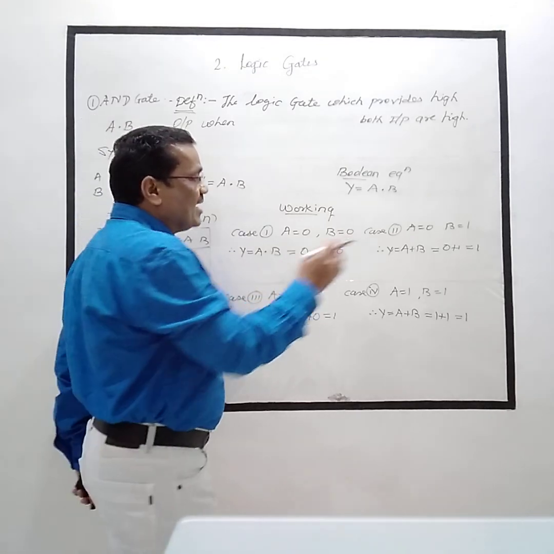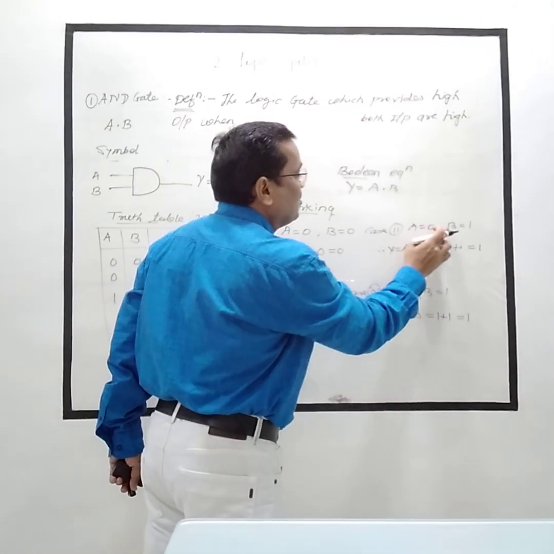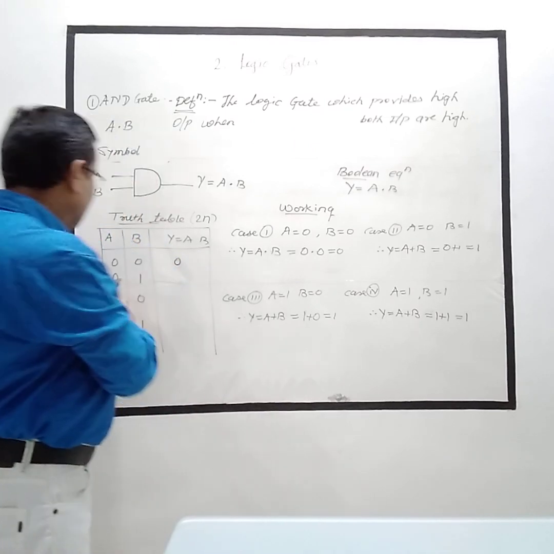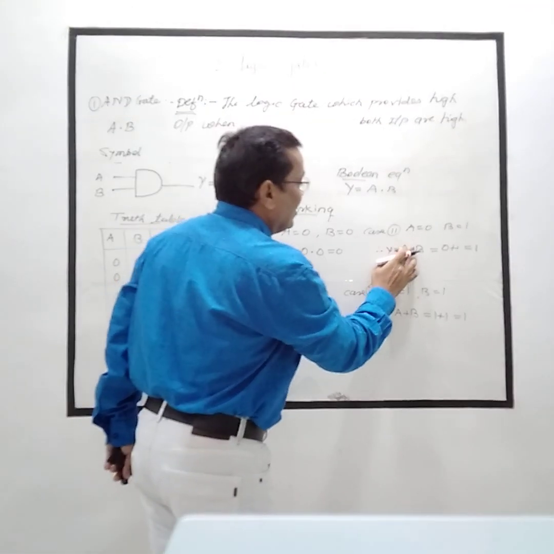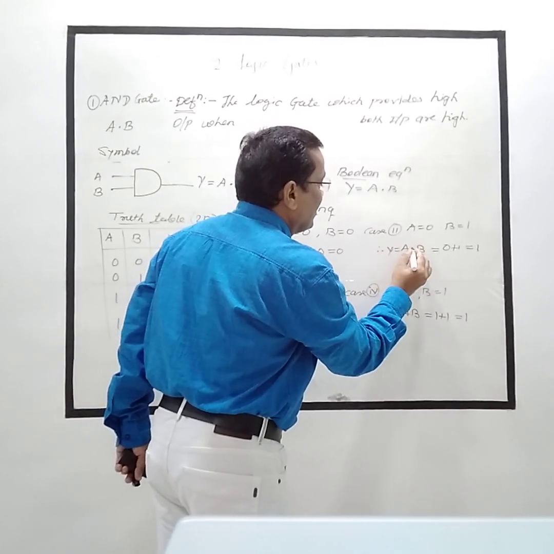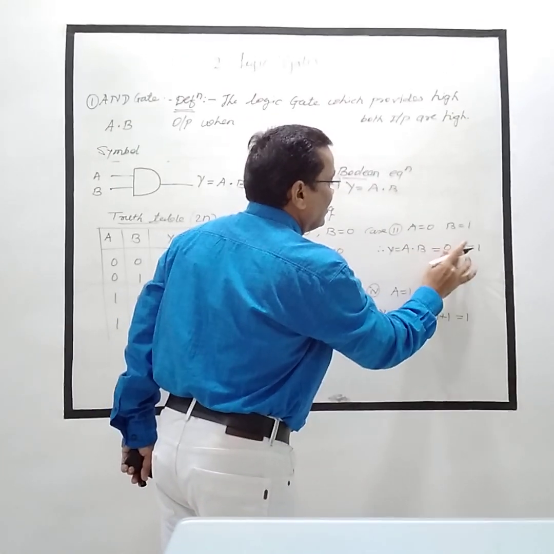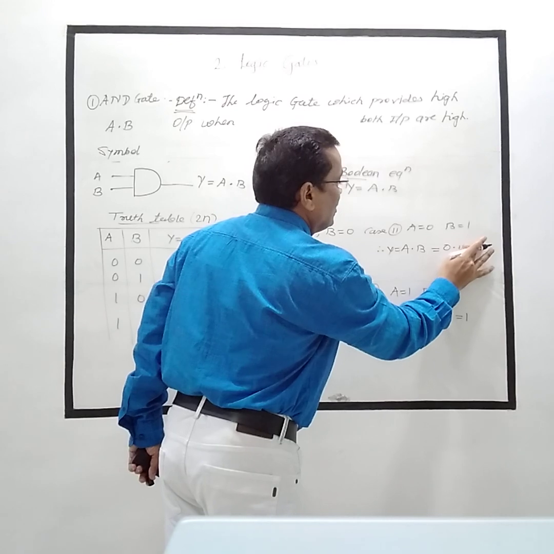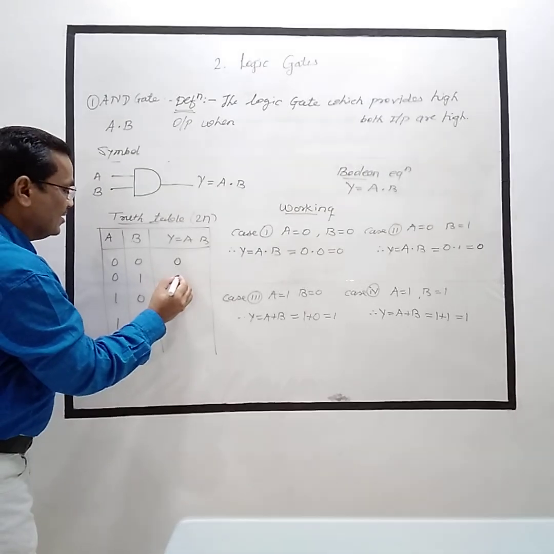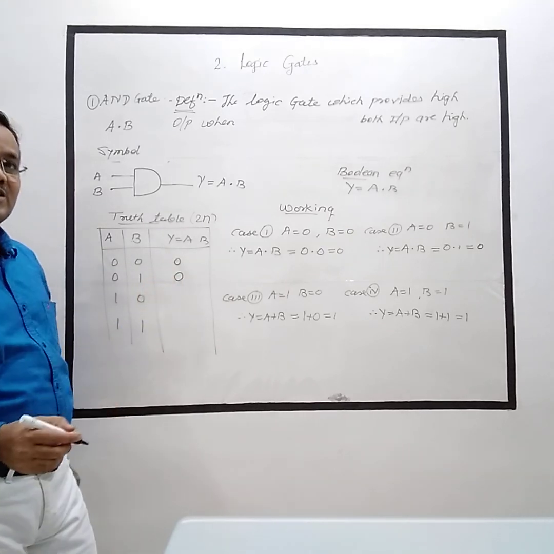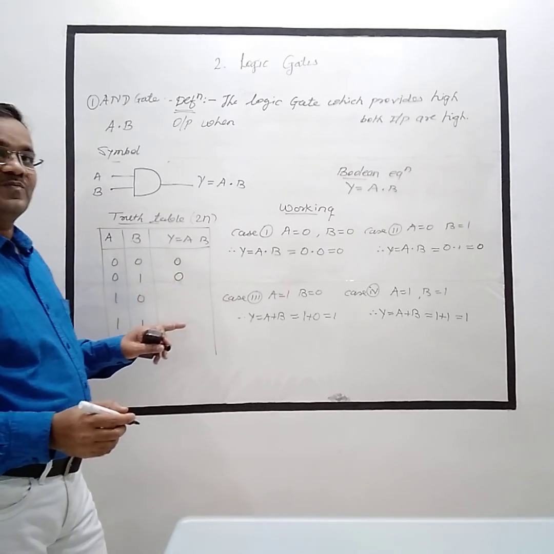Similarly, in the second case, A is equal to 0, B is equal to 1. According to the Boolean equation, 0 into 1 is equal to 0. So this is the second condition.